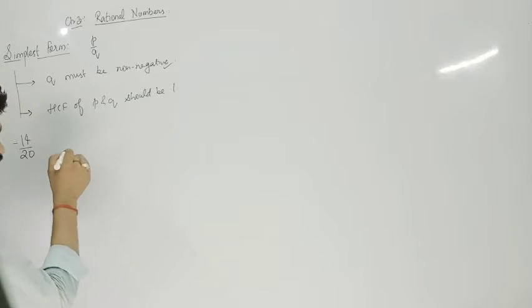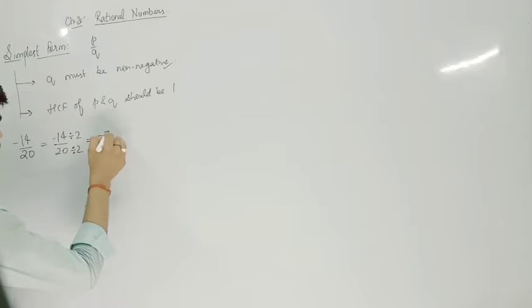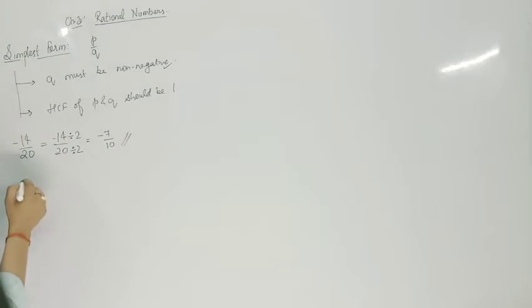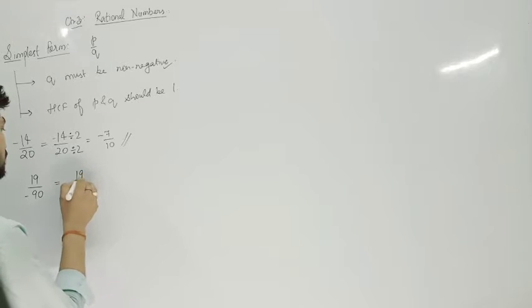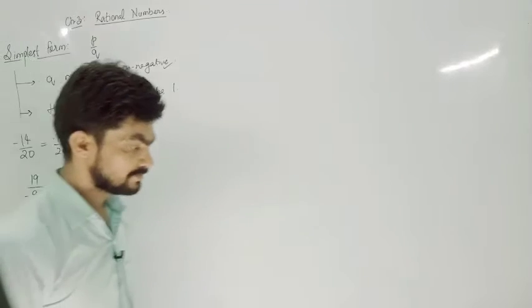The GCF of 14 and 20 is 2, so you can write 14 by 20 divided by 2 as minus 7 by 10. Now their GCF is 1, so it is the simplest form or standard form. Similarly, suppose 19 upon minus 90 is the rational number. This you can write as minus 19 upon 90. How? By multiplication of negative 1 to the numerator as well as the denominator. These are the simplest forms of a rational number.